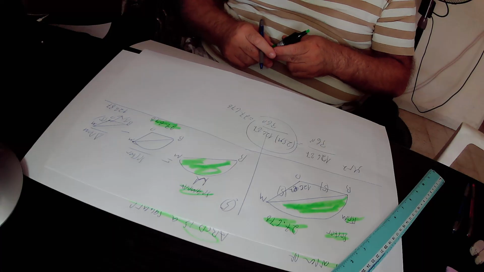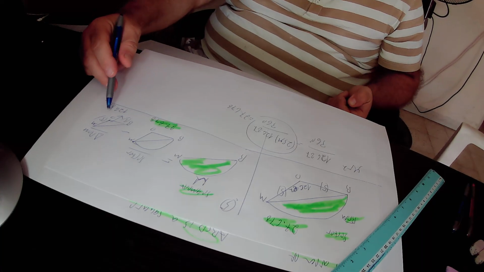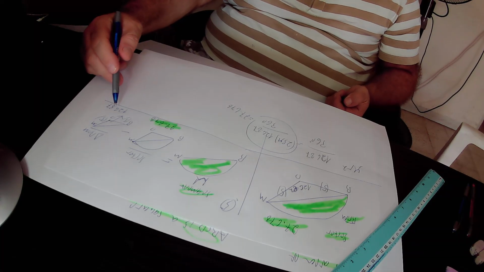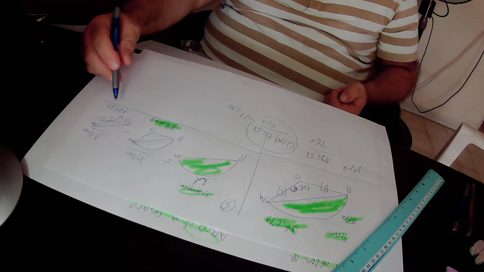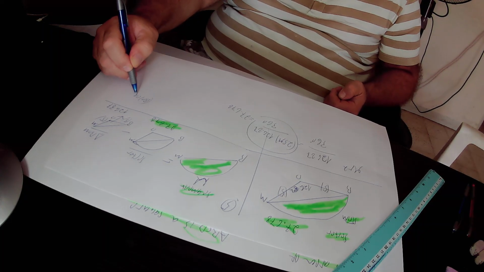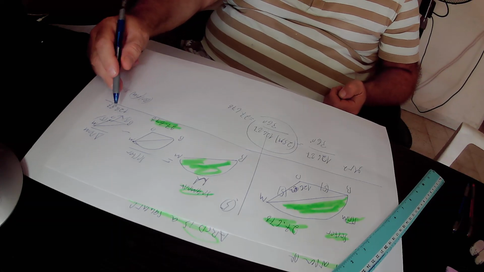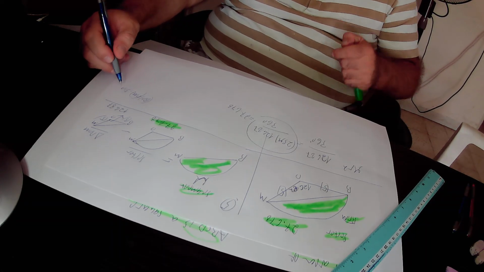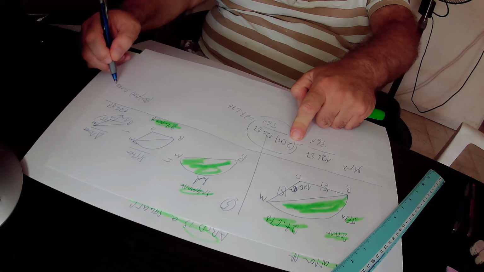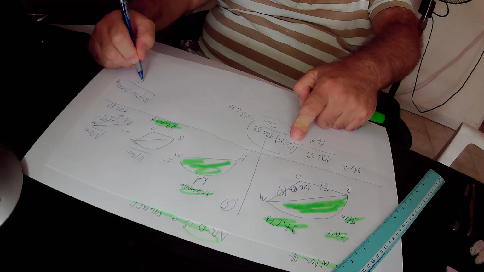According to the formula that I presented to you a couple of minutes ago, the area of this triangle BOM will be equal to BO times OM, the multiplication of two sides, times the sine of the angle between those two sides, 126.87 degrees, divided by 2.